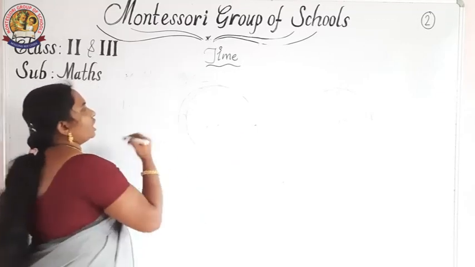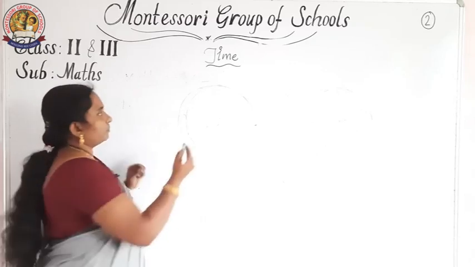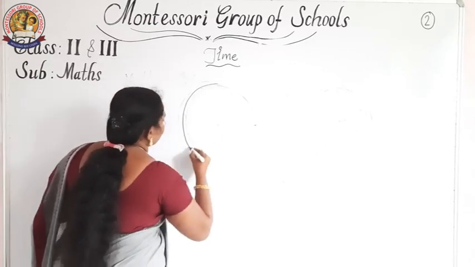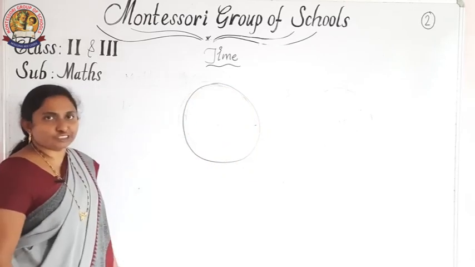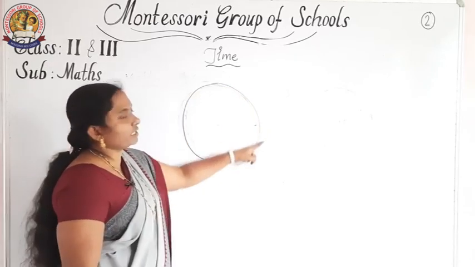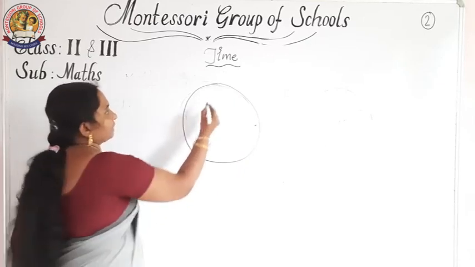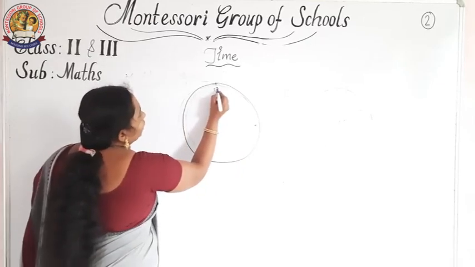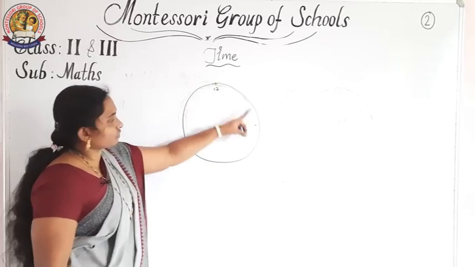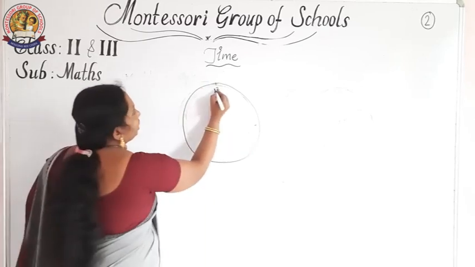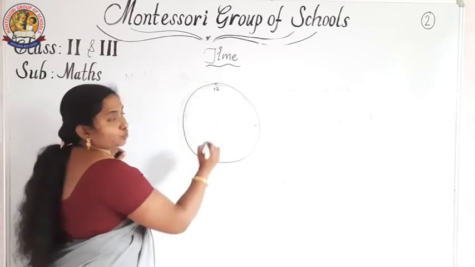Listen carefully. Most watches are round in shape. This is the face of a clock, not of time. In a clock, how many numbers are there? 12 numbers.